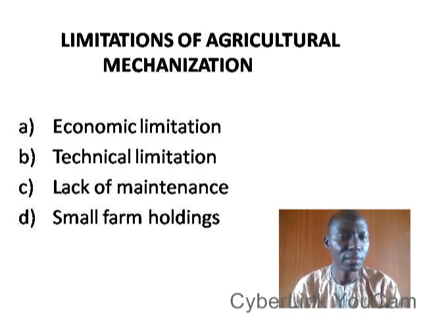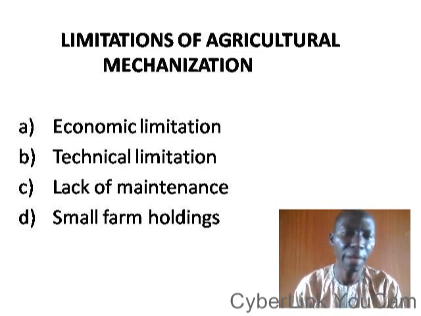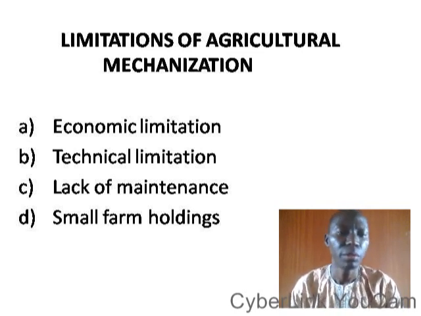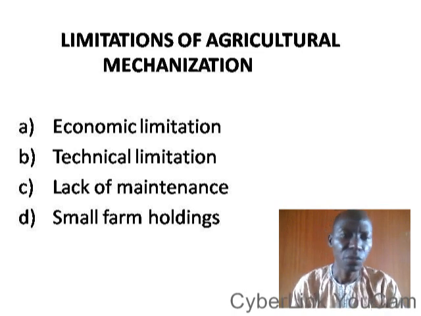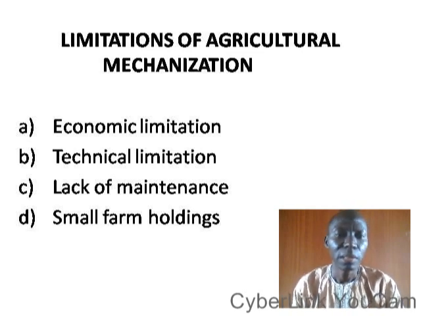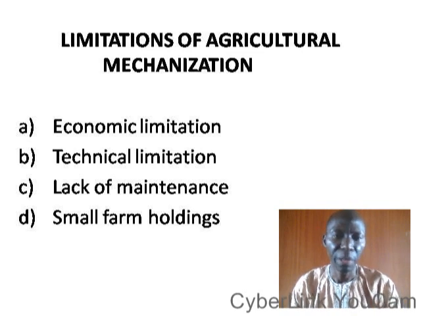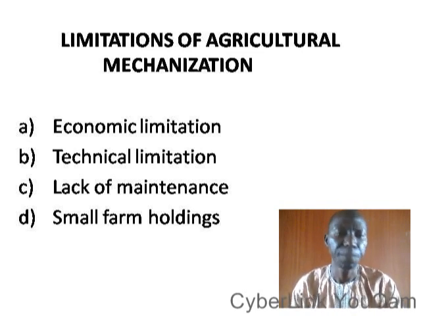That is, the farmer does not have enough money to carry out farm mechanization. 2, technical limitation. That is, the skills required to carry out farm mechanization are limited. 3, lack of maintenance. If these machines get damaged, it is very difficult to repair or maintain them.